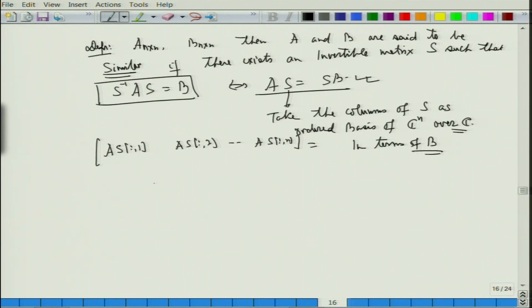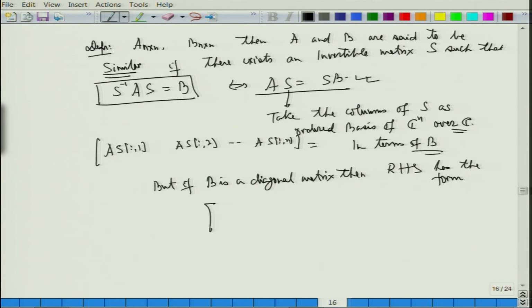But if B is a diagonal matrix, then the RHS has a nice form. All right, so S, I am looking at the first column, the second column, the nth column, and then I am multiplying by a diagonal matrix, say D1, D2, Dn, 0 here, 0 here.